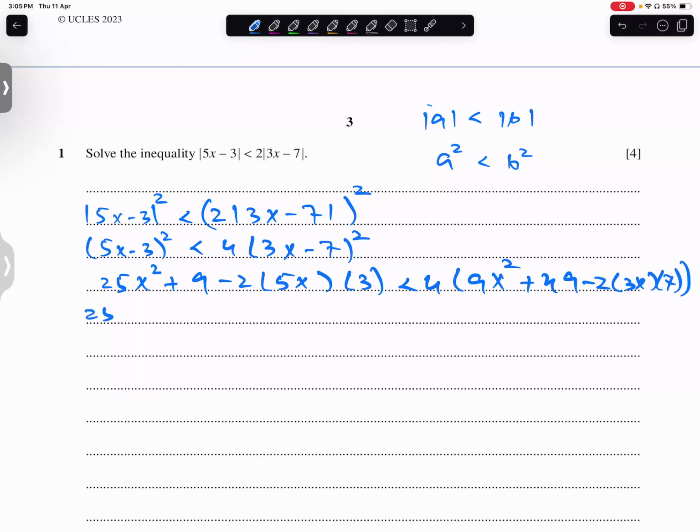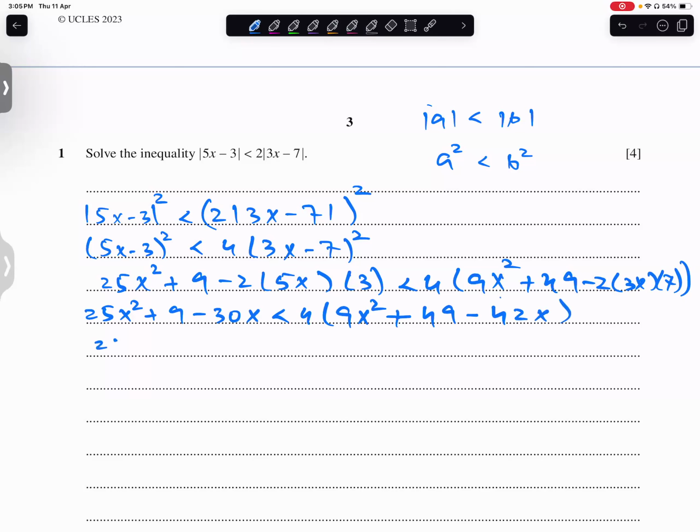So 25x square plus 9 minus 30x less than 4 times 9x square plus 49 minus 42x.